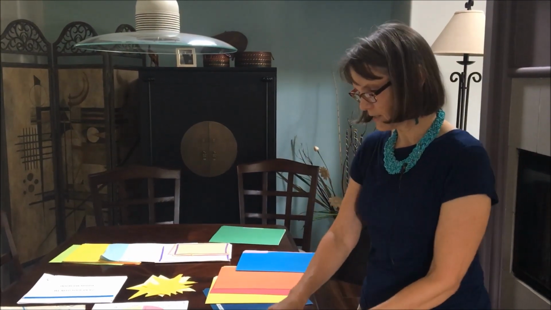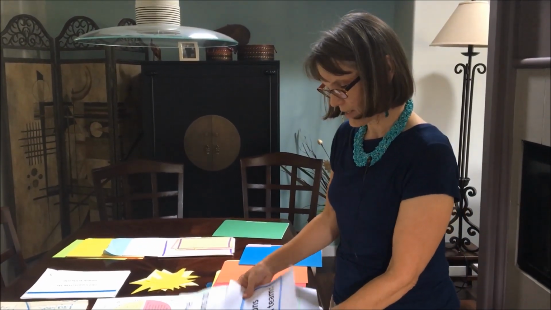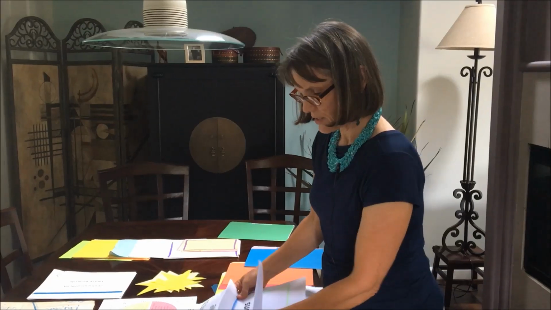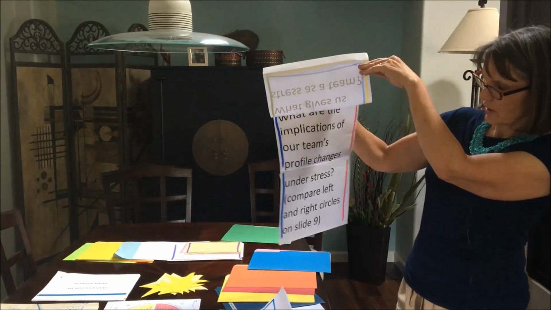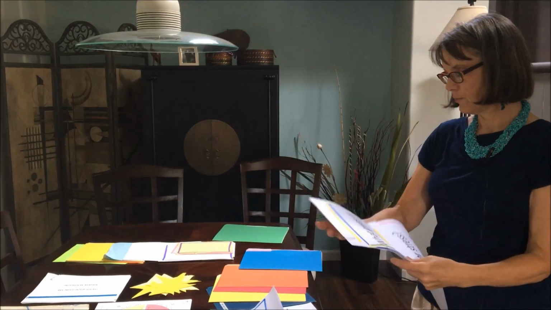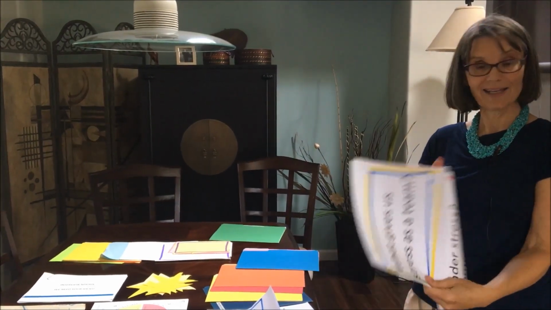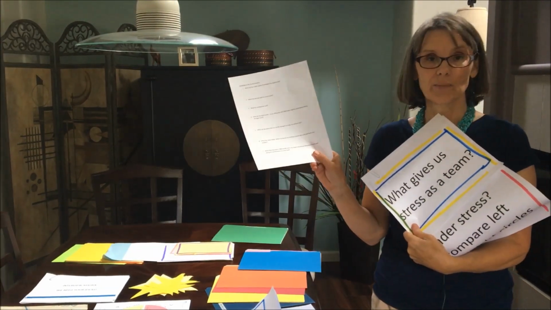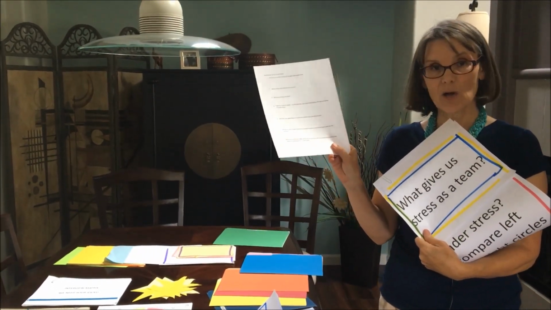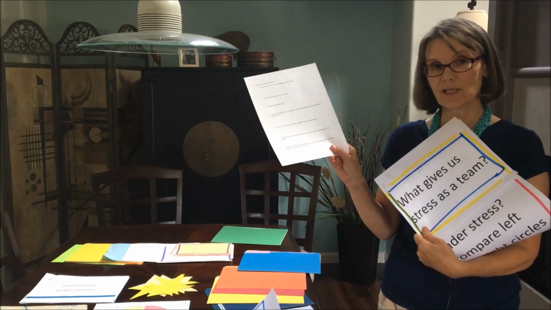And then maybe the next activity is a team building activity, where I'm asking them what gives us stress as a team, and I've got the question under here. And I want to make sure that they fill out a handout. So I've got a handout for them here. They're going to fill out this handout in small groups of 3 or 4. Each person's going to have a handout.